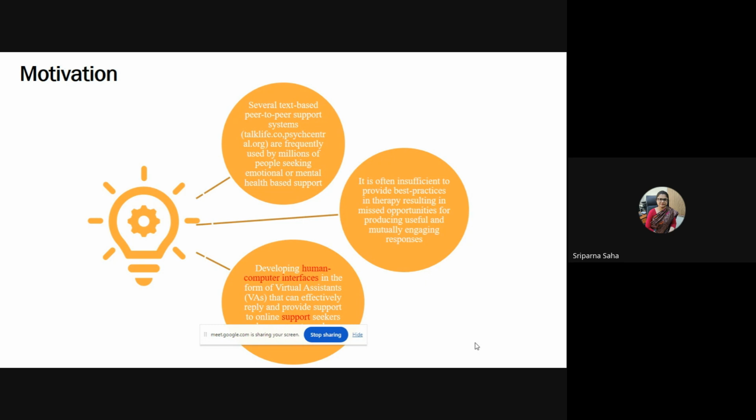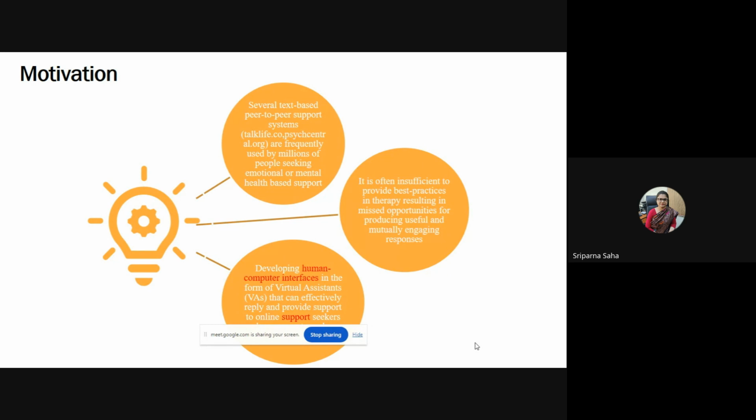These are called peer-to-peer support systems. In these systems, they register, and then they discuss their mental issues.